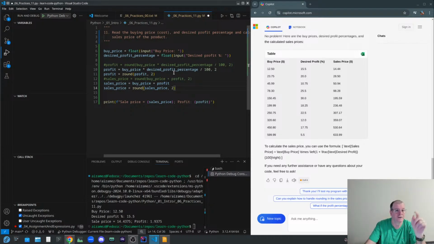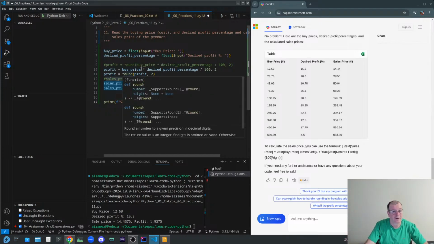Let me undo this just to say, okay, we don't do the rounding here. We only do the round in the last step. Because doing the round here, we can maybe change the numbers a little bit, but when you are doing, for example, one invoice that has hundreds or thousands of products, and we do the calculation like this, at the end of the day, we can have cents or dollars. And when you do millions of those invoices every day, that can be a lot of money going out.